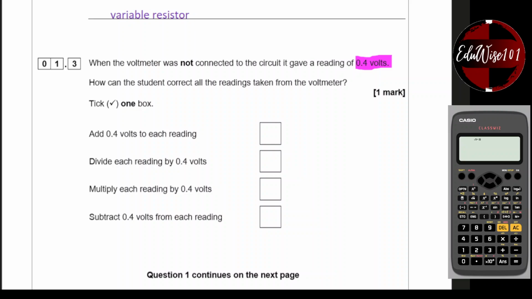So in that case, what you would have to do is to subtract 0.4 volts from each reading. So the answer is this last option. Again, you're only ticking one box. Subtract 0.4 volts from each reading.